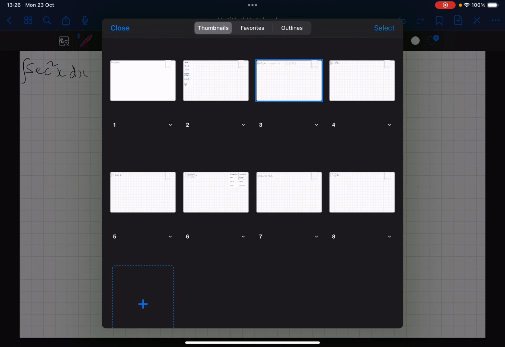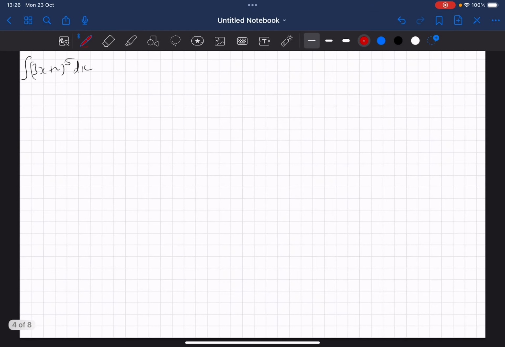Let's look at the second one, shall we? So the next one, if we move along here, is 3x plus 2 to the power of 5. Now, we can also use a standard result on it, because if we were going to differentiate something like 3x plus 2 in a bracket, in this case, if I put it up to a power of 6 and I differentiate that by the chain rule, that's 6 times 3 of 3x plus 2 to the 5, which is 18 lots of 3x plus 2 to the 5.